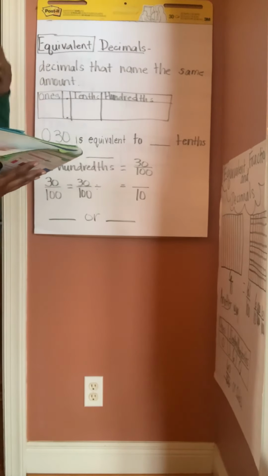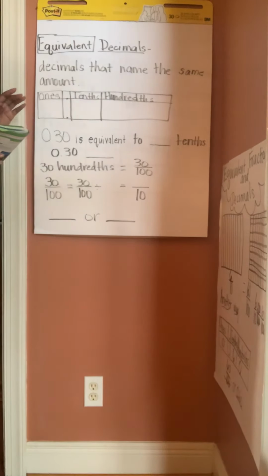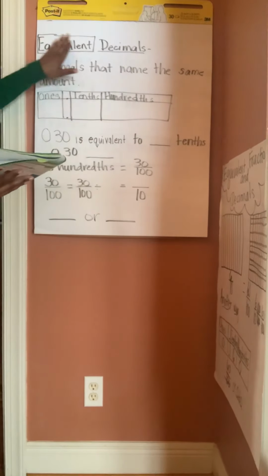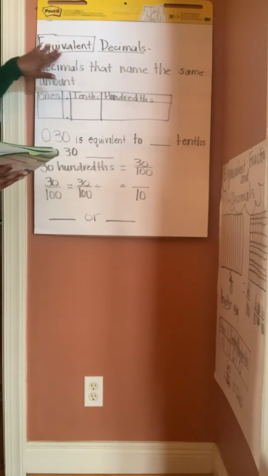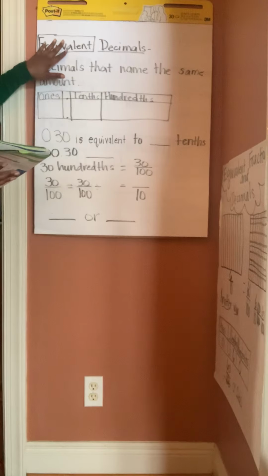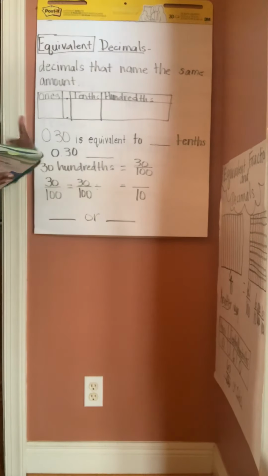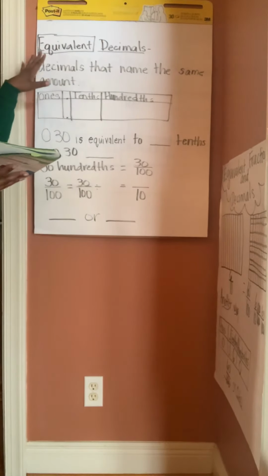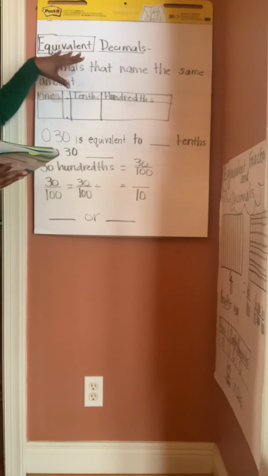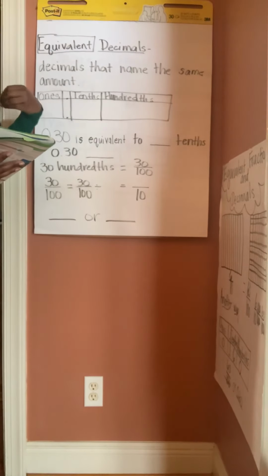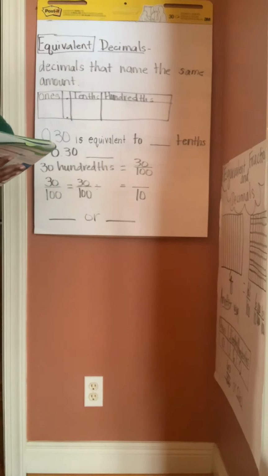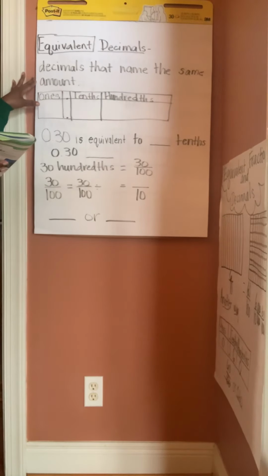How many tenths of a liter did she collect? We're going to look at equivalent decimals, and remember when we did equivalent fractions in another lesson, equivalent just means equal to. So we're going to try to figure out an equivalent or a decimal that's equal to 30 hundredths. It says equivalent decimals are decimals that name the same amount. You can write 30 hundredths as a decimal that names tenths.